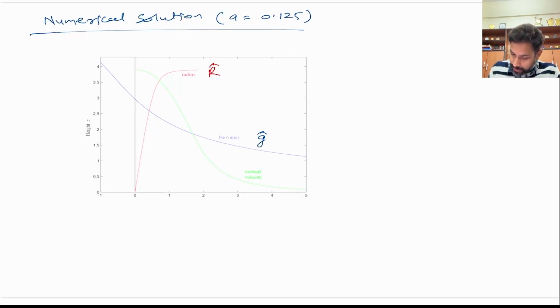And this vertical velocity is W hat. And the vertical axis here is Z hat, that is the vertical height. Okay, and what do you see in this solution? There are a few interesting things. First is the radius of the plume as you go from the injection point.